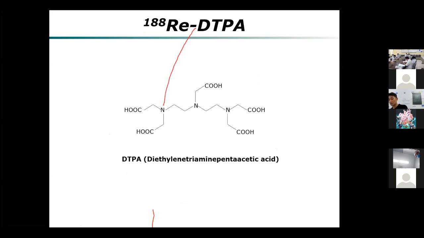So I already told you about the technetium and rhenium systems and the possibility of using the same kind of structure to label different radioisotopes. Using DTPA as a kidney imaging agent, we successfully labeled with rhenium easily.